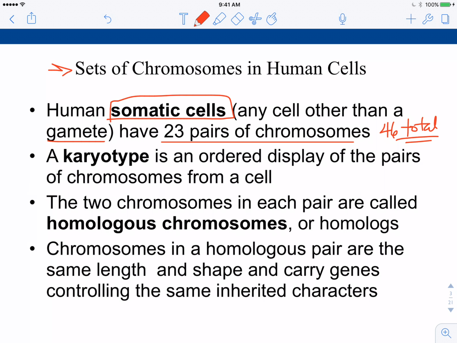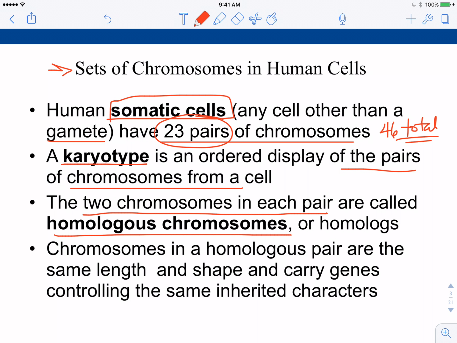But in meiosis, we are much more concerned with the pairs. Okay? A karyotype is a picture of the pairs of chromosomes from a cell in M phase. The two chromosomes in each pair are called homologous chromosomes.